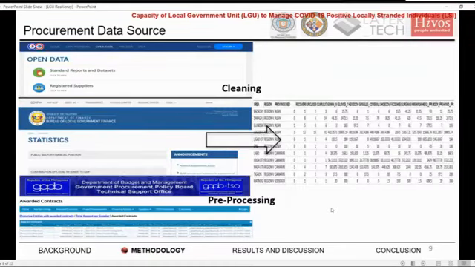Since these data sets do not have a common format, we cleaned and pre-processed them so that all of them are in the same data frame format for further analysis.